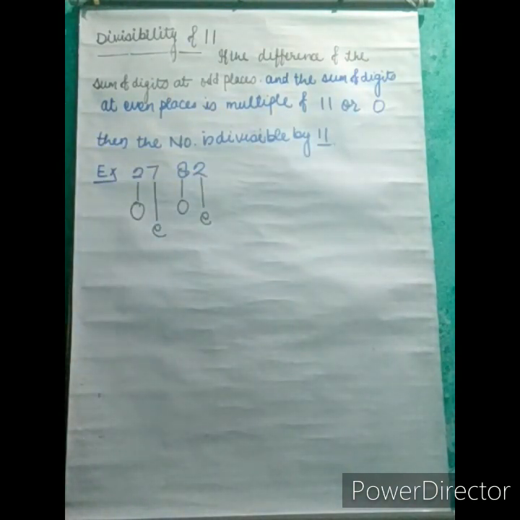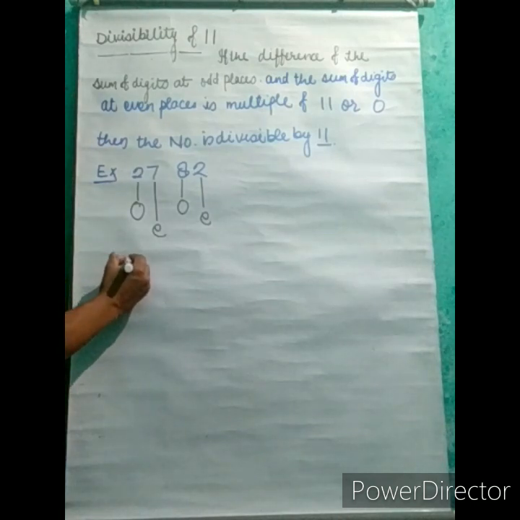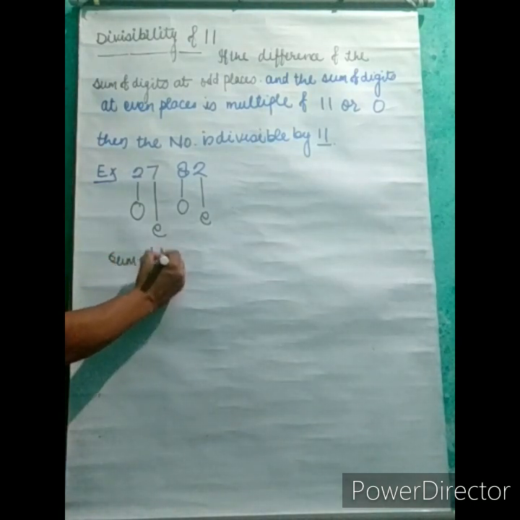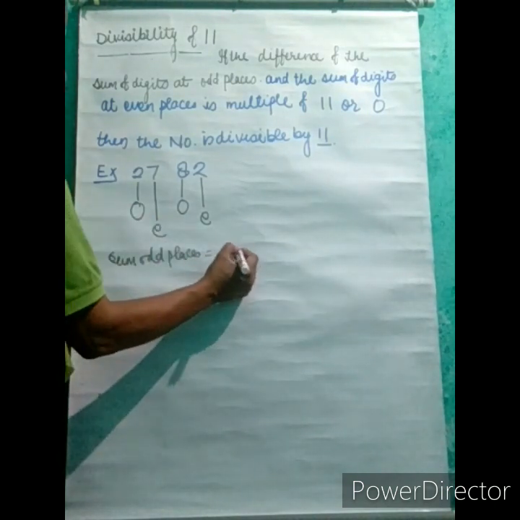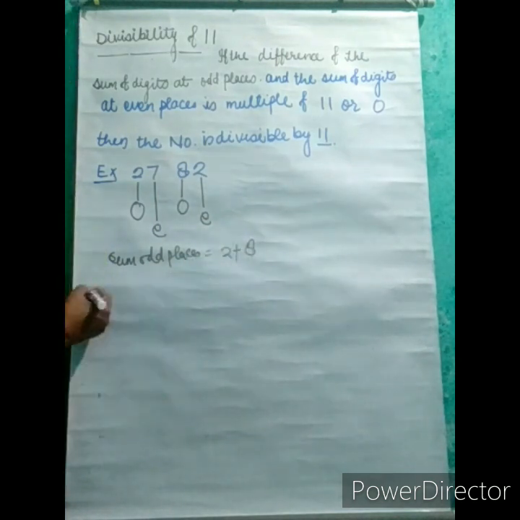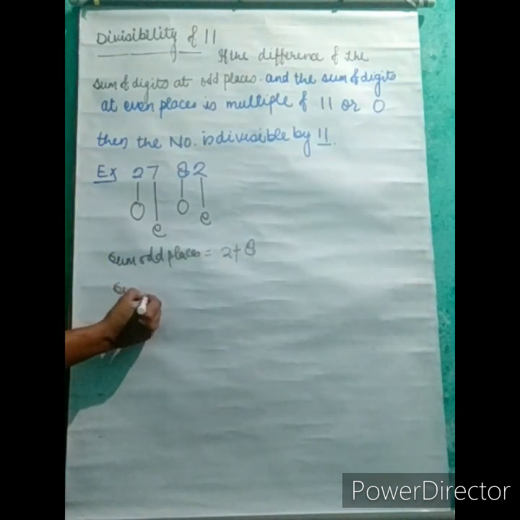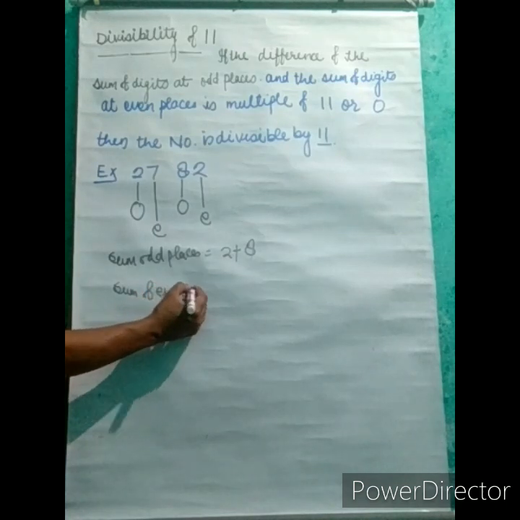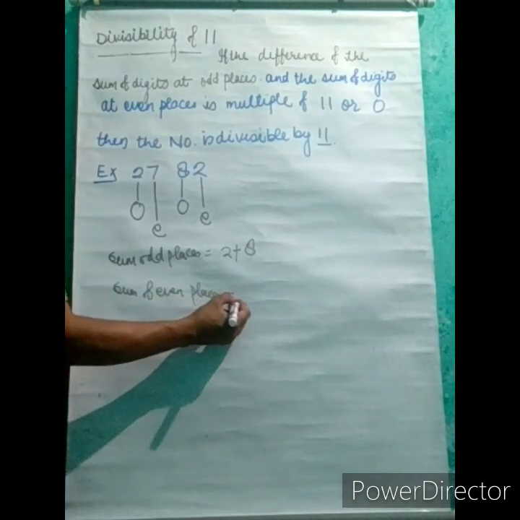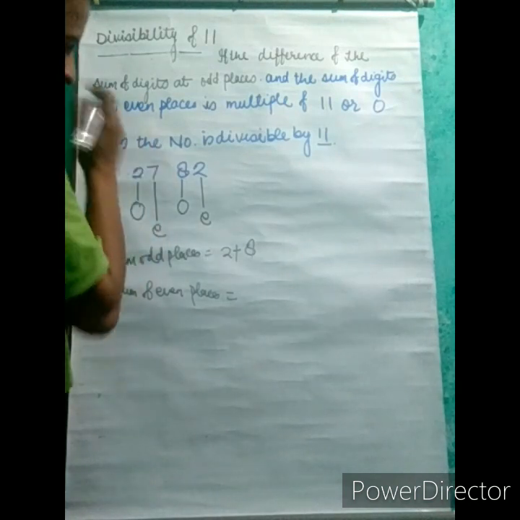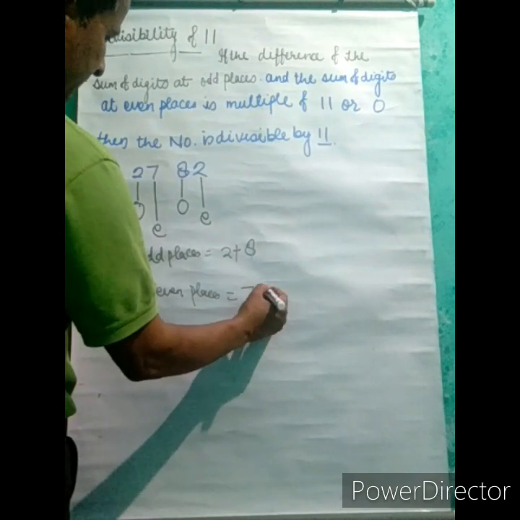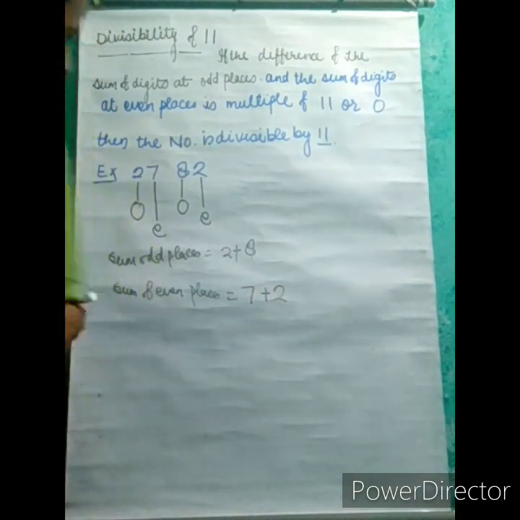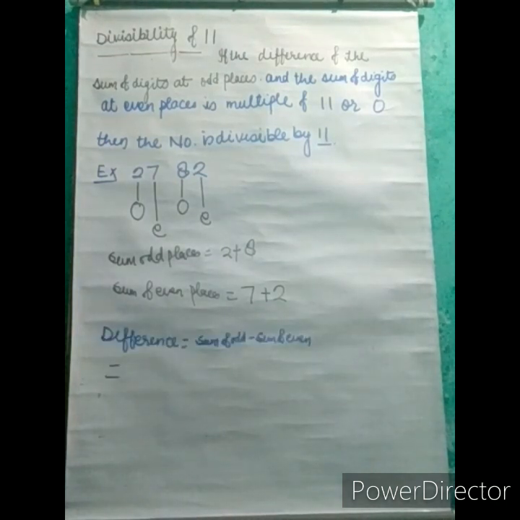Now we will do the sum of the odd places, which means 2 plus 8. Next, the sum of the even places: here this is 7 and this is 2, so 7 plus 2. Like this we do the sums, and later we take their difference.